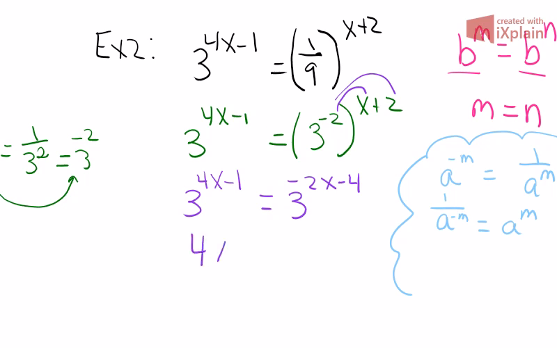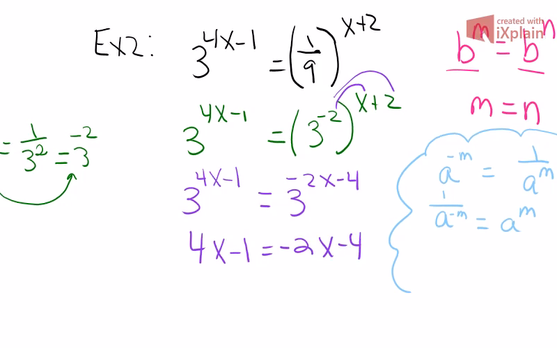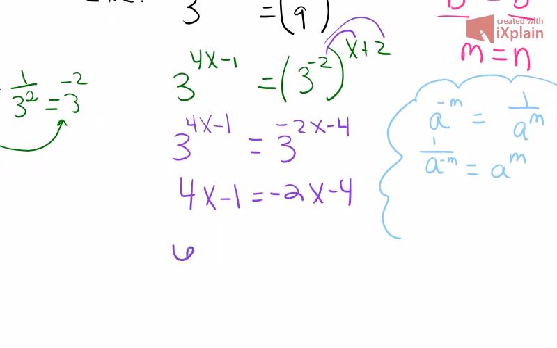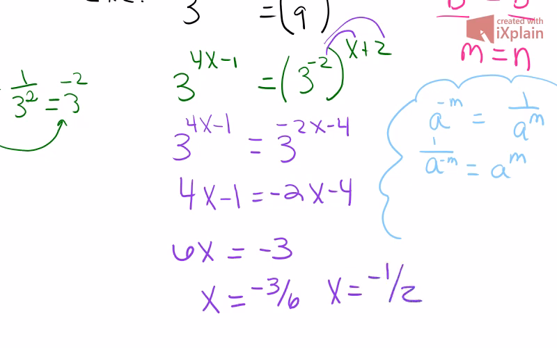Now I can set the exponents equal to each other. And now it's a simple linear equation to solve. Divide by 6. And x equals negative 1/2.